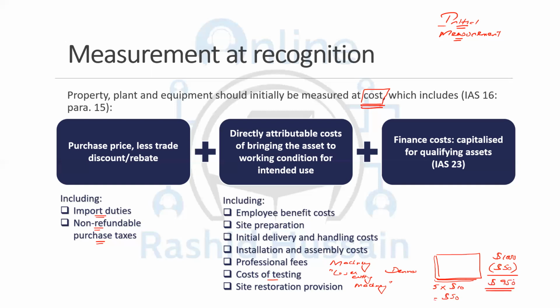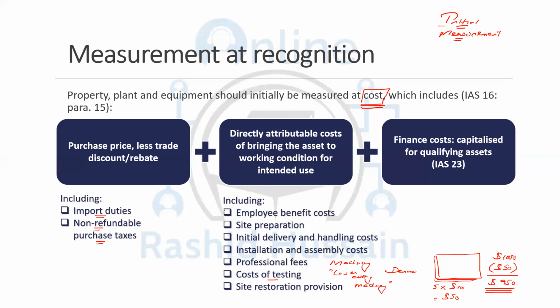So remember one thing: if any professional is coming to test your machinery or whatever the asset is, and during the testing you're going to make some production, and those units produced during the testing can be sold at some price, you can deduct that price from the cost of the testing, and whatever is the net amount should be capitalized.